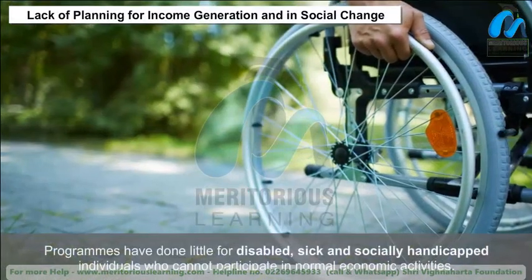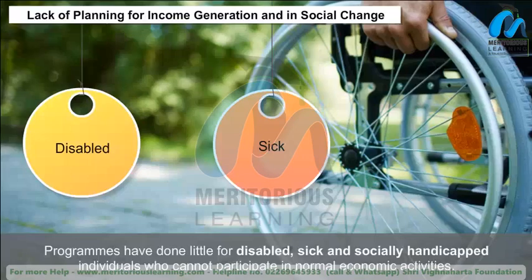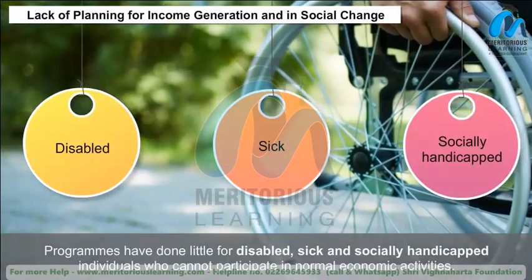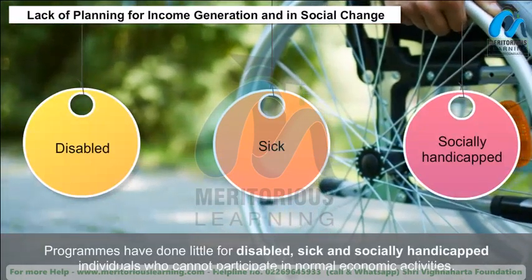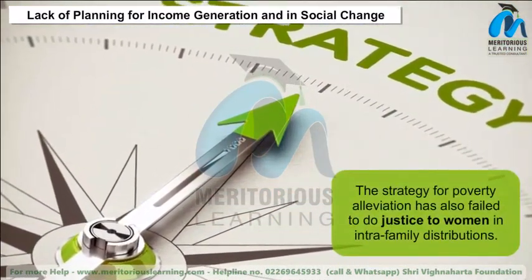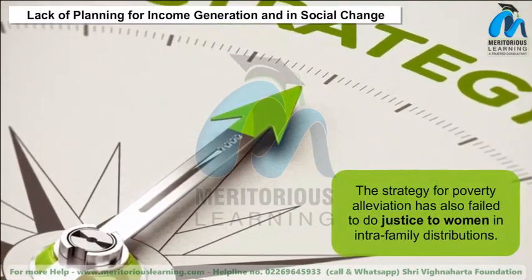Secondly, the programs have done little for disabled, sick, and socially handicapped individuals who cannot participate in normal economic activities. The strategy for poverty alleviation has also failed to do justice to women in intra-family distributions.